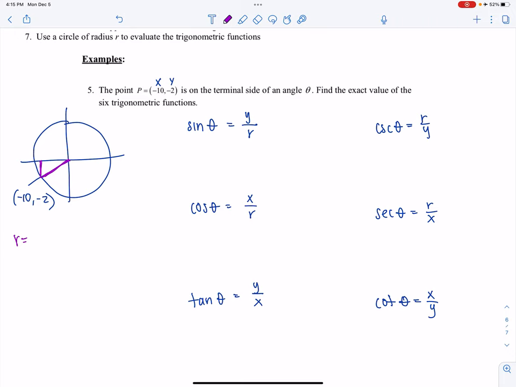So our r, our radius, is the square root of -10 squared plus -2 squared, and we're taking the square root because it's not r squared. We want just r. So this would give us 100 plus 4, which gives us the square root of 104, and we can rewrite that as 2 root 26.